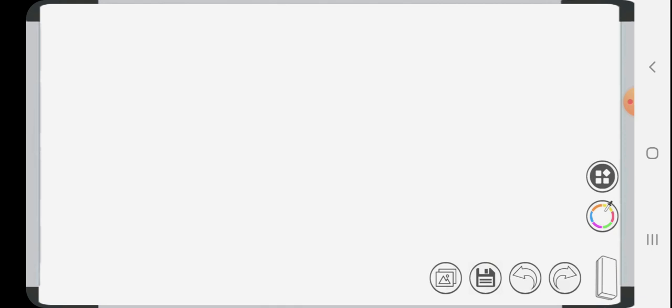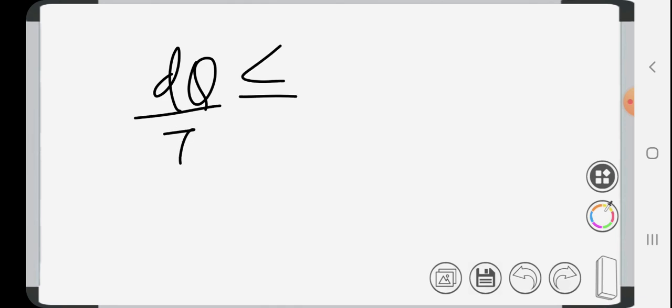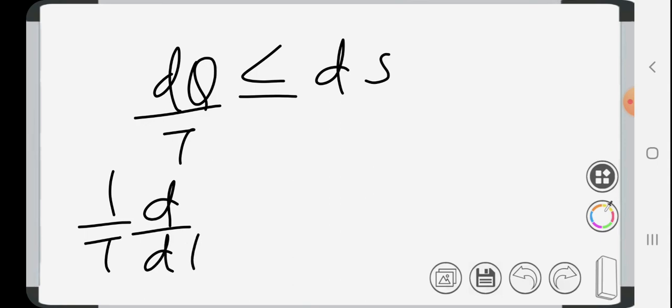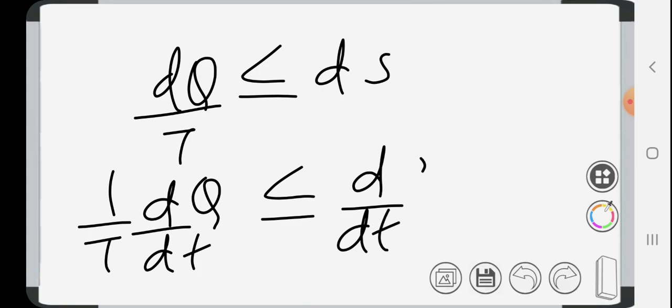If you take the time derivative, dq by T should be less than or equal to the system entropy change, right? So if you take the time derivative, it will become 1 by T of d by dt of q less than or equal to d by dt of the system entropy.